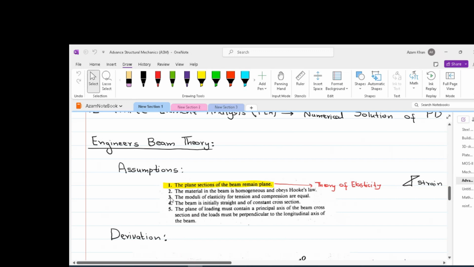As I said, assumptions 2, 3, and 4 can be adjusted if they are not satisfied. Assumption 1 is that assumption based on which the whole theory lies, and we can't relax assumption 1 in the case of engineer's beam theory. And we will see now in the derivation part how assumption 1 makes the calculations much easier.